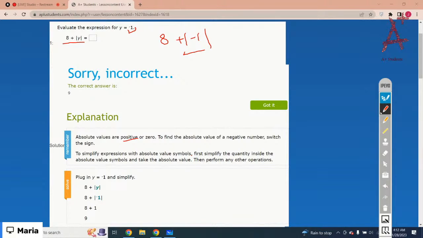This symbol is for the absolute value. So just evaluate the absolute value of -1. It would be a positive value. So 8 plus 1 equals 9. The correct option is 9. Absolute values are all the values that are positive or 0.